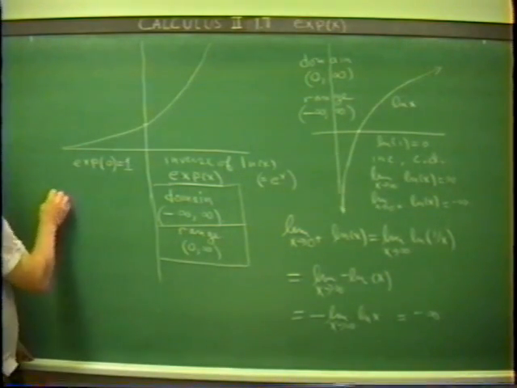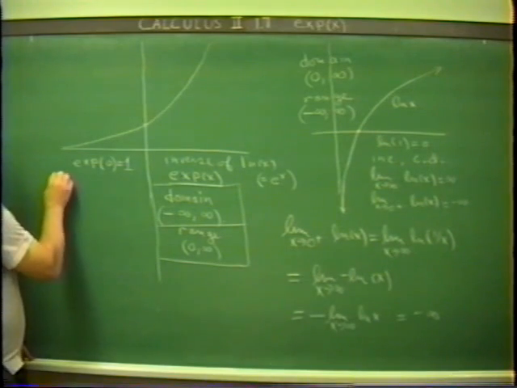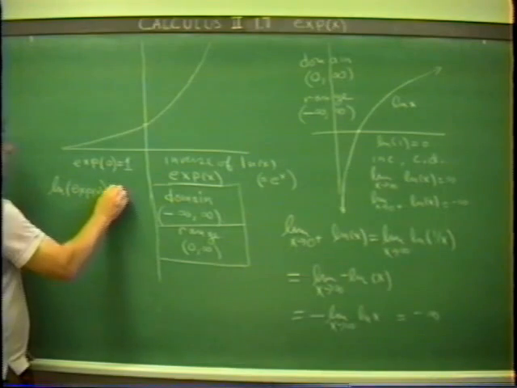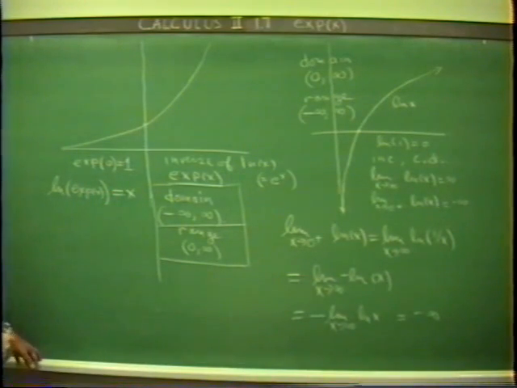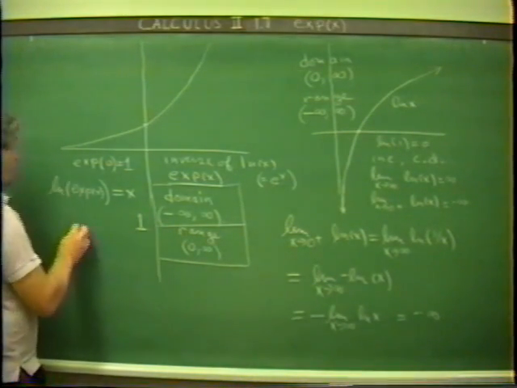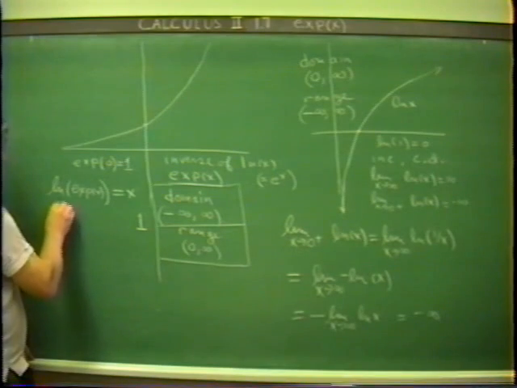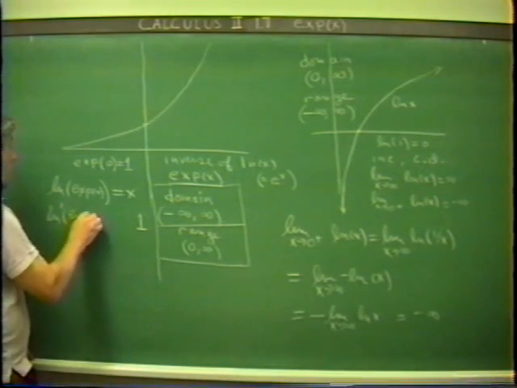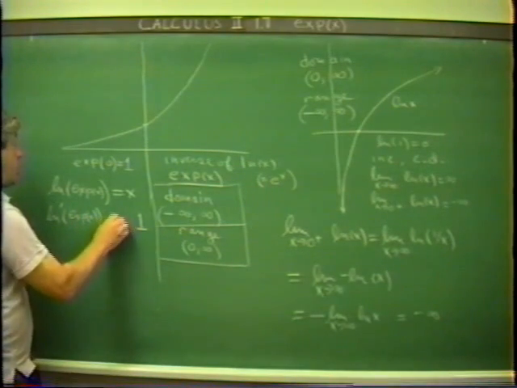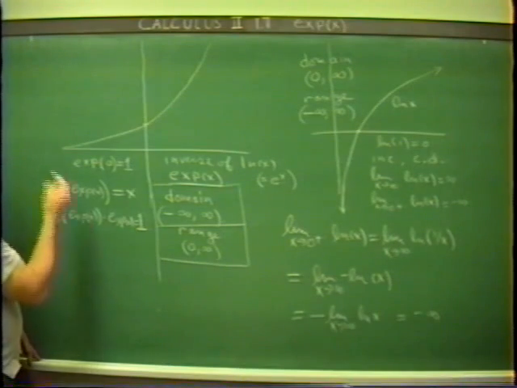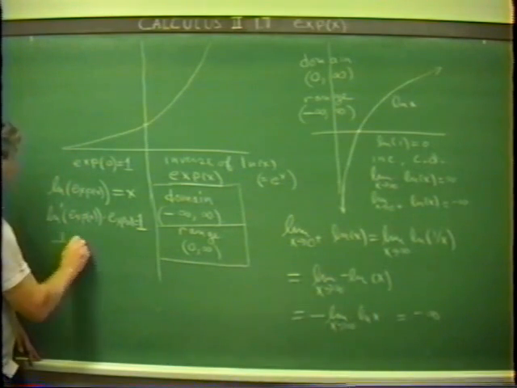Now, using the fact that this is the inverse of the logarithm function, we can find the derivative of the exponent function. Write, for example, logarithm of exp of x is x. The logarithm and the exponent are inverse functions, so you get x back. Now differentiating both sides here, we get the derivative of the logarithm at exp of x times the derivative of exp of x is equal to 1.